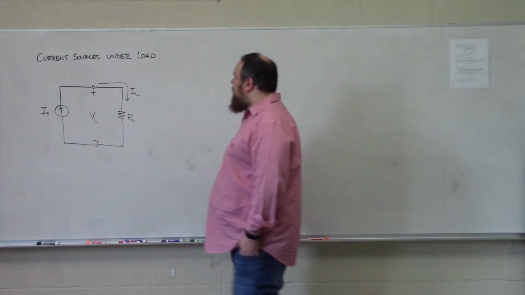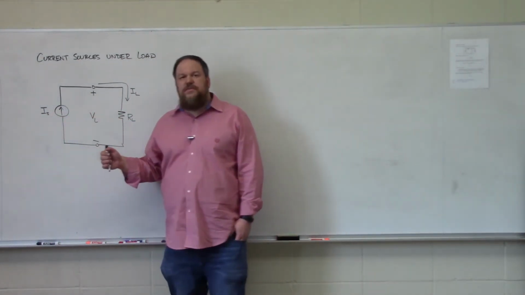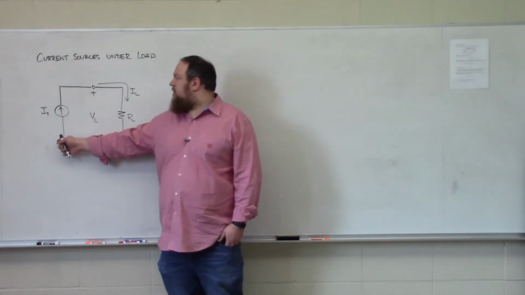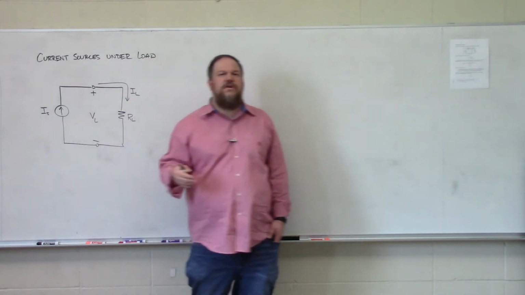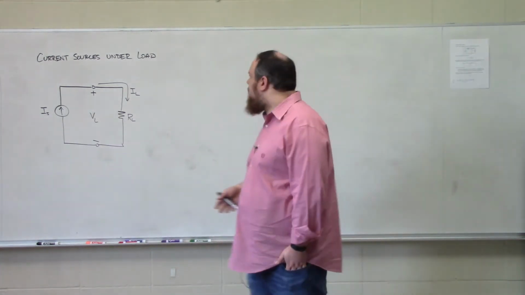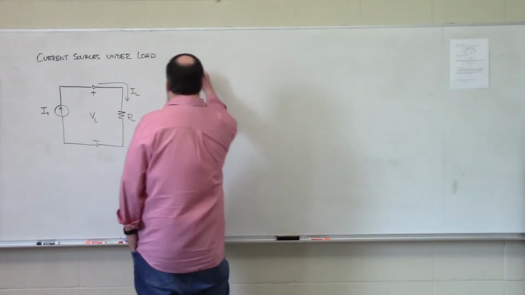So this is an independent current source, which means the current flowing through this branch is IS, regardless of whatever voltage appears over its terminals.